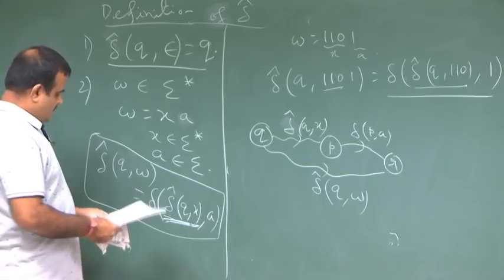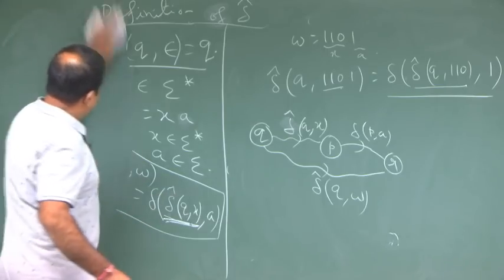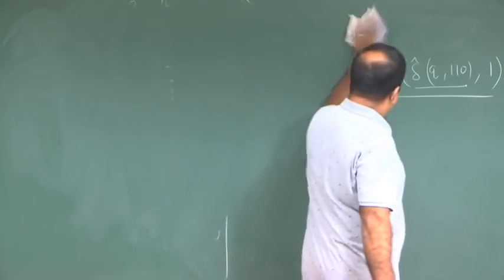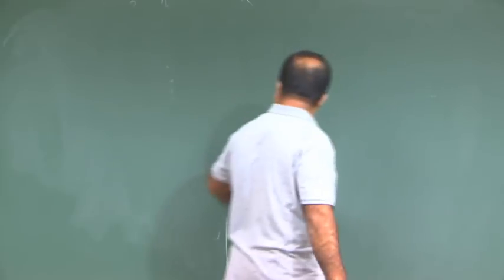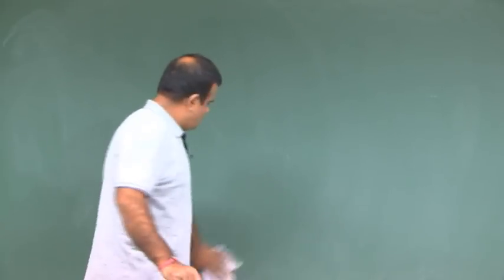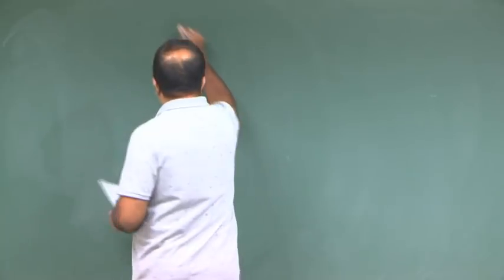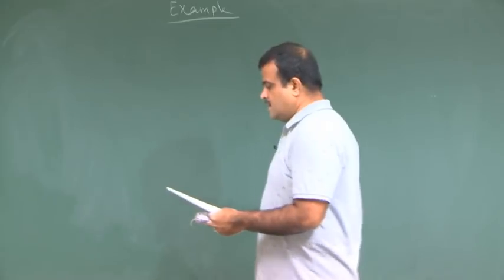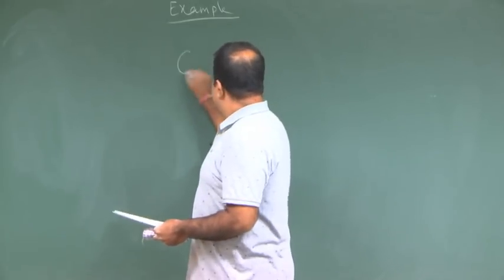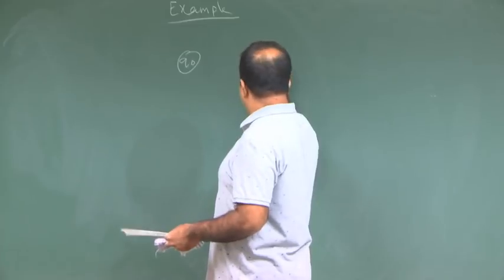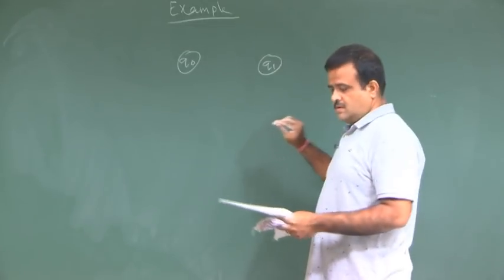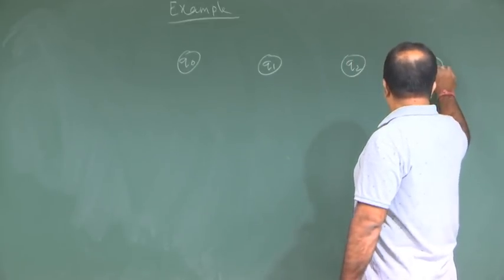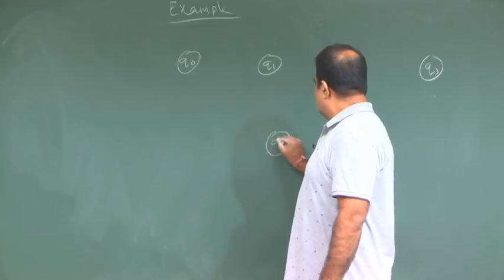So, we will take an example, then it will be more clear. Suppose we have q0, q1, q2, q3 little bigger and q4.